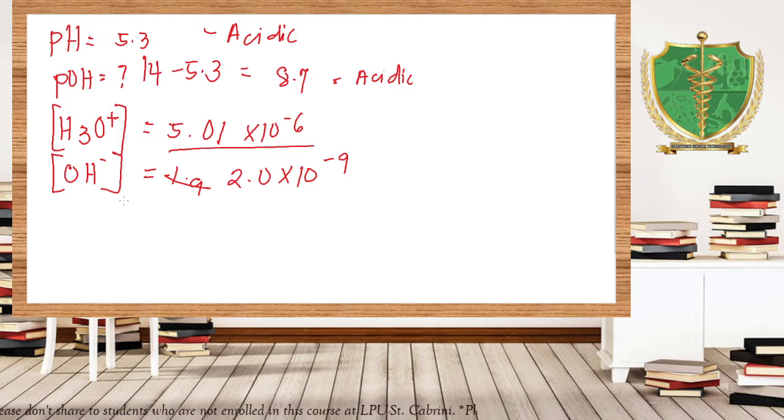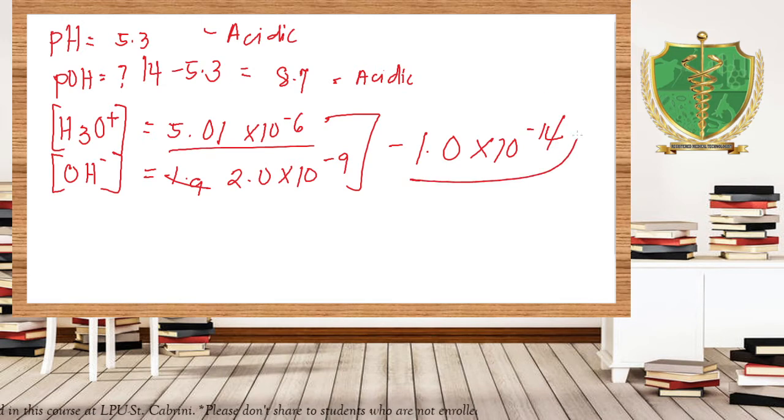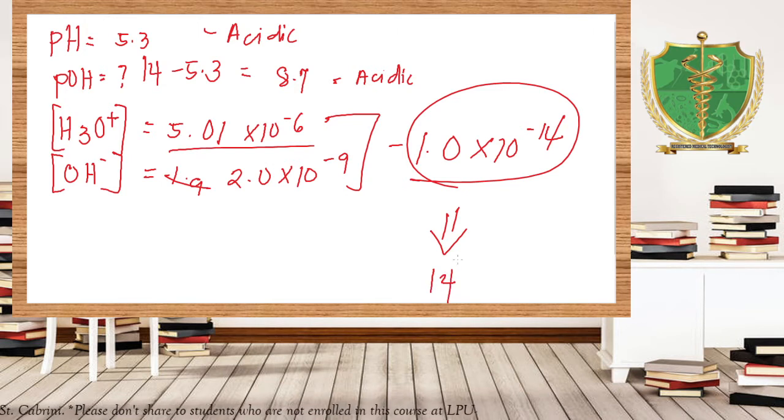Okay? It should give us 1.0 times 10 raised to negative 14. And if you get the negative logarithm of this one is equals to 14. I hope you can follow.